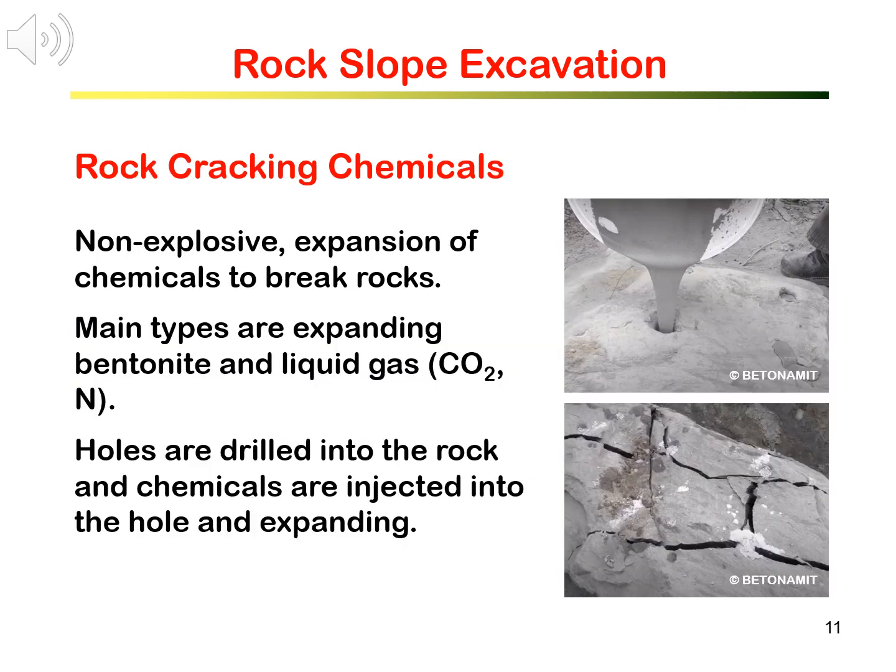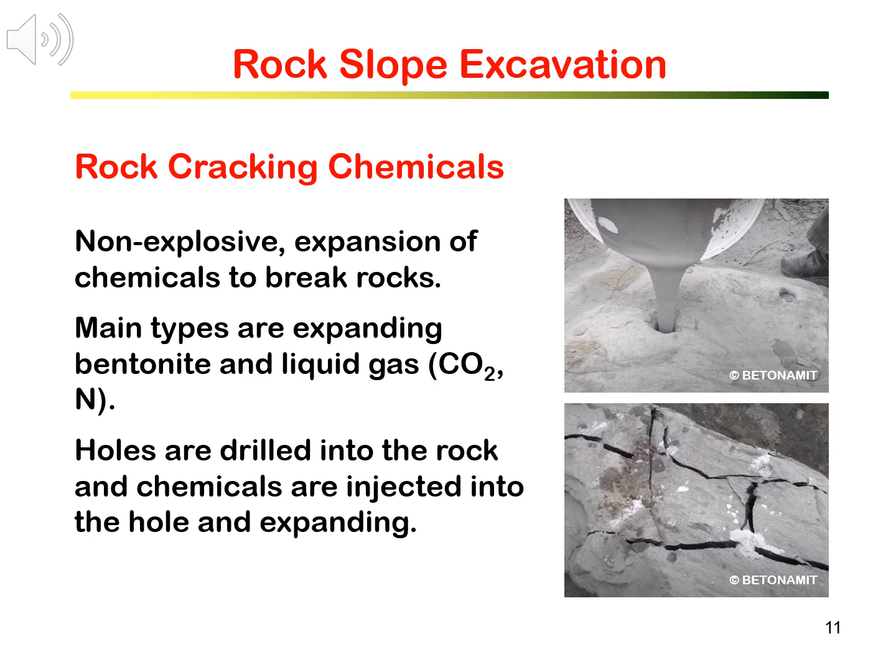Hard rocks can also be cracked and broken by chemicals expanding in drill holes. This is done typically by drilling holes into the hard rock and inserting the chemicals into the holes. The chemicals, depending on the types, expand in volume and force the rock to crack from the hole.